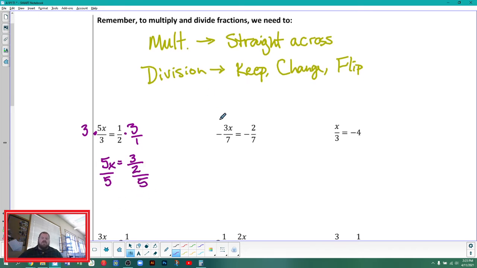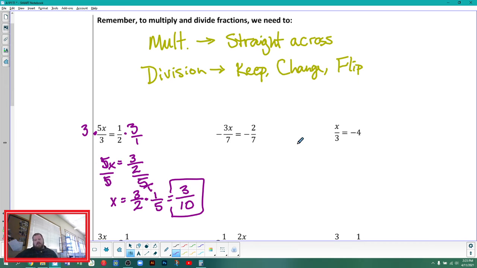So it really turns into the 5's cancel, that's fine. 3 over 2 times, instead of dividing by 5 over 1, I'm going to multiply by 1 over 5. And so that's going to give me 3 times 1 is 3, 2 times 5 is 10. So we get 3/10. Okay? And that's one way to look at it. And that's a pretty decent way.